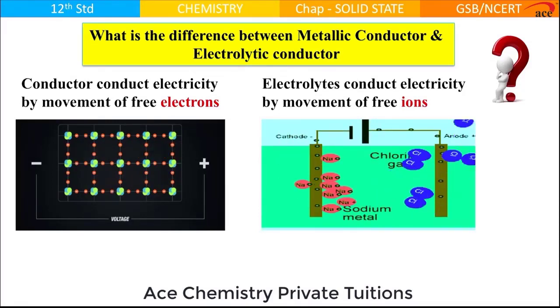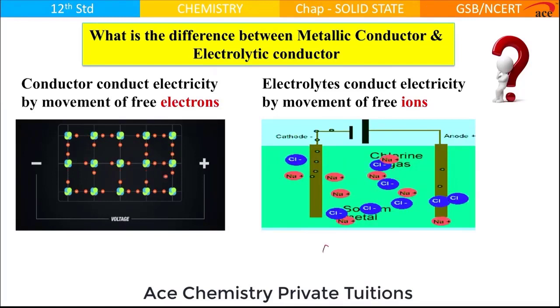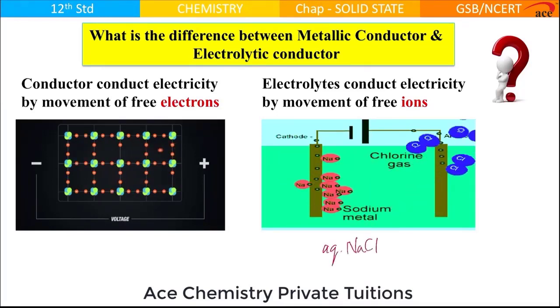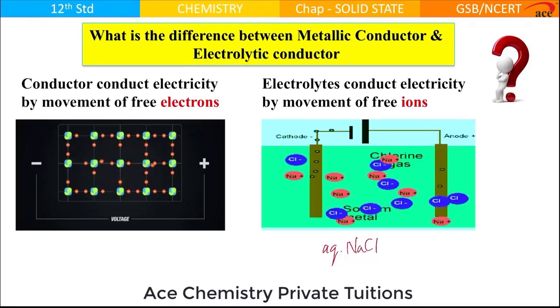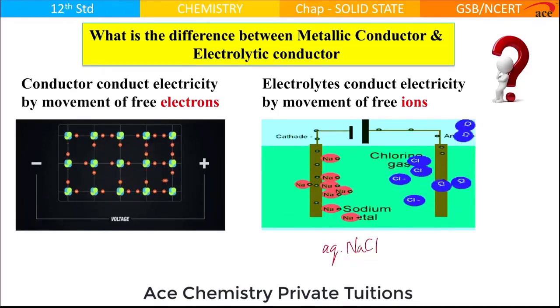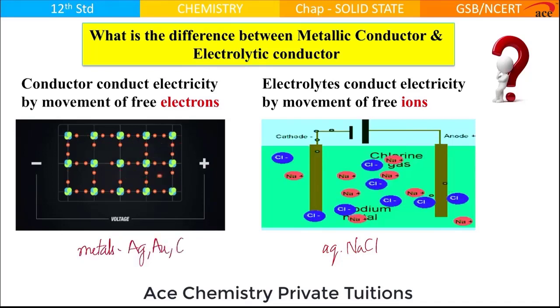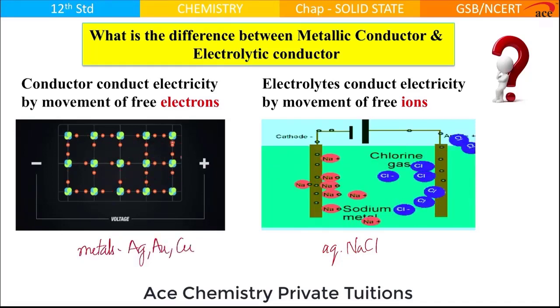So, free ions are responsible for electrical conductivity. An example that you are able to see is aqueous sodium chloride, where sodium ions are moving toward the cathode and chloride ions are moving towards the anode, that is a positive electrode. And here the examples are metals like silver, gold, copper and so on.